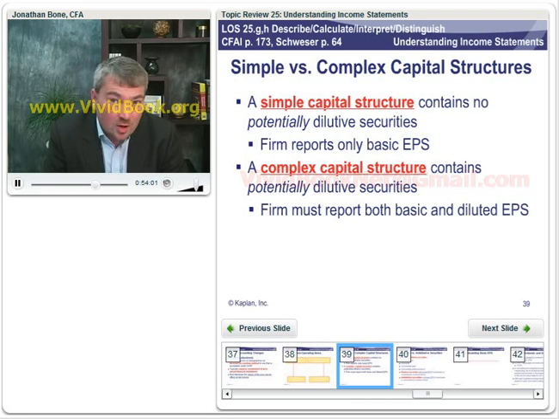If you have a complex capital structure, then you do have potentially dilutive securities, in which case, if they're deemed to be dilutive, and we'll talk about the difference between dilutive and anti-dilutive a little later, you're going to have to report both basic and diluted earnings per share.